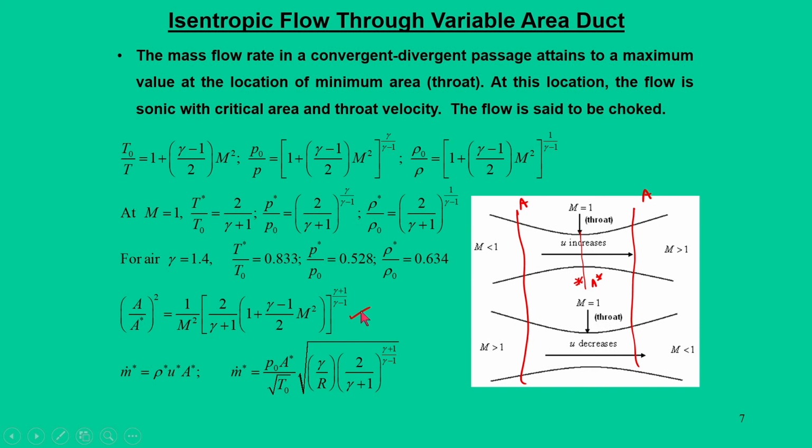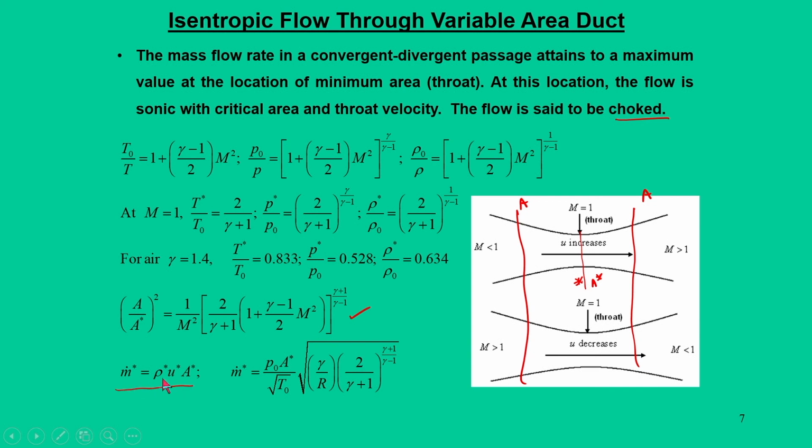Another important aspect is when the flow is choked, we call this the choked mass flow rate. Mass flow rate is normally defined as rho u times A, density multiplied by velocity multiplied by area, and in this case the area is the minimum area.